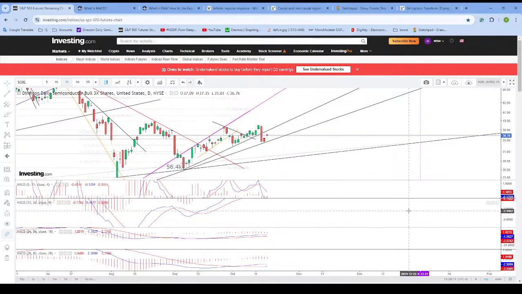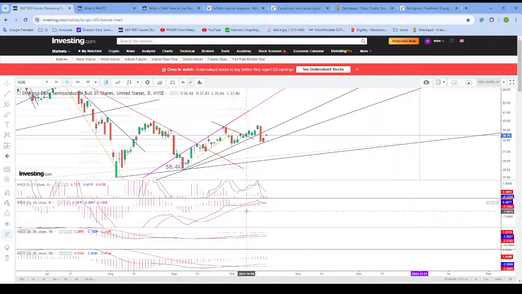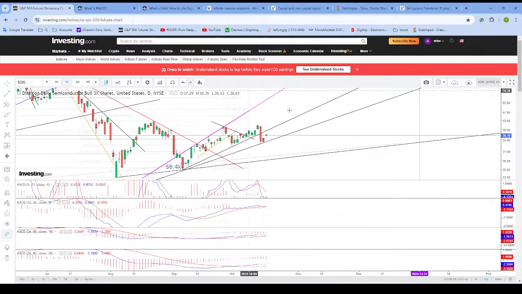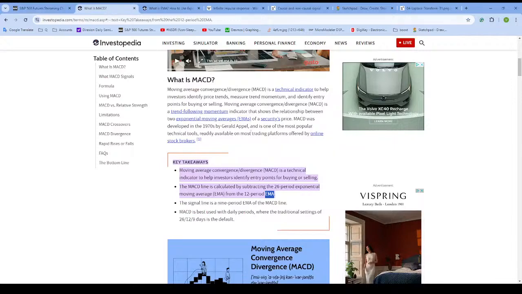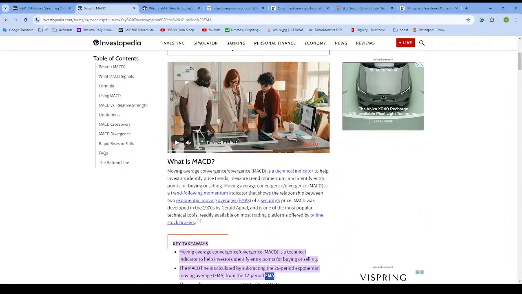We want to talk about why this is happening, what causes that, is it possible to solve, and how that can affect other indicators. Okay, first, what is MACD? According to investopedia.com, moving average convergence divergence.